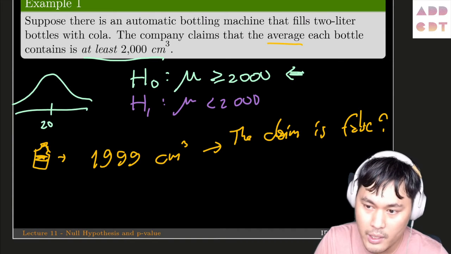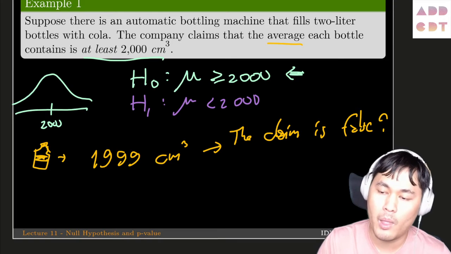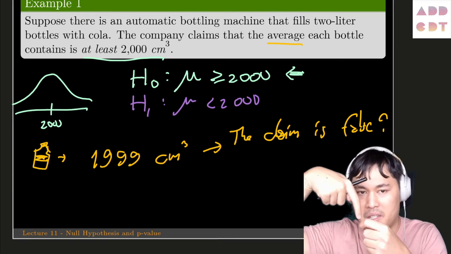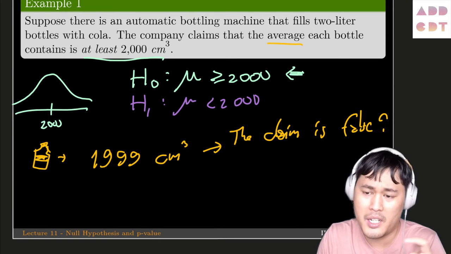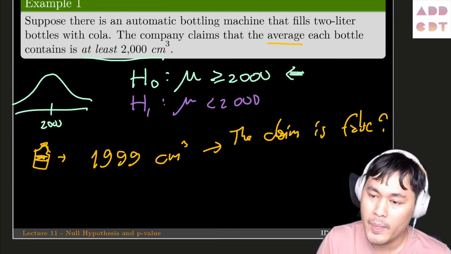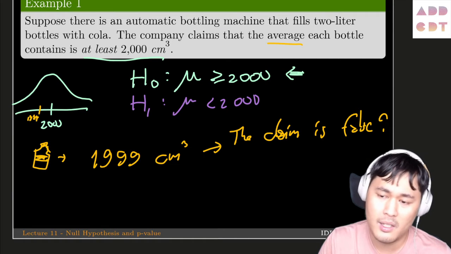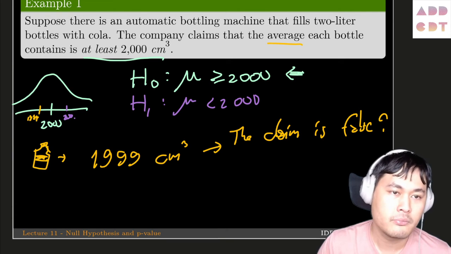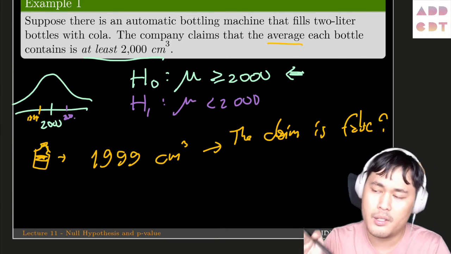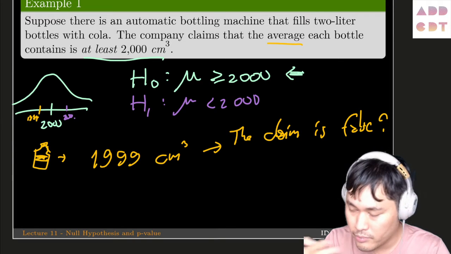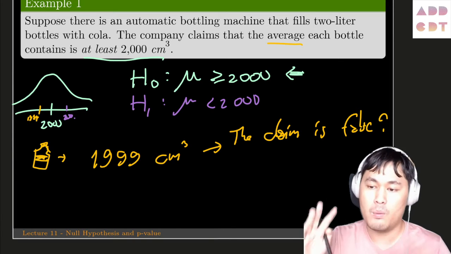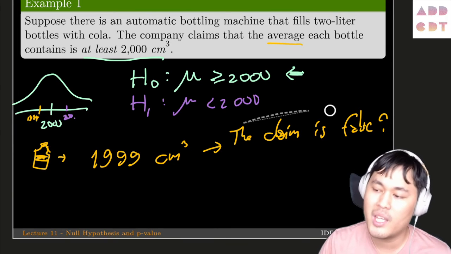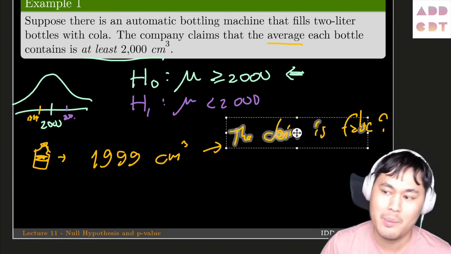Even though we know the average is 2,000, sometimes the filler may be slightly off center, so the soda spills a little. Sometimes it's a little bit smaller, sometimes a little bit higher. Based on this hypothesis, we believe it's the green curve, and there are some small errors. So we cannot just say the claim is false immediately.